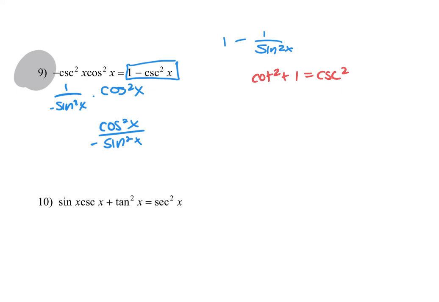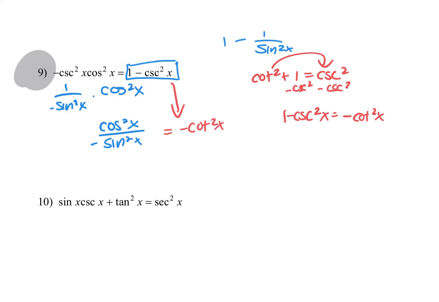So if I got 1 minus cosecant squared x, that means the cotangent had to go to the other side, negative cotangent squared x. So that's an opportunity to change that side. And then cosine over sine is cotangent. So negative cotangent squared x would equal negative cotangent squared x. So I would have changed both.